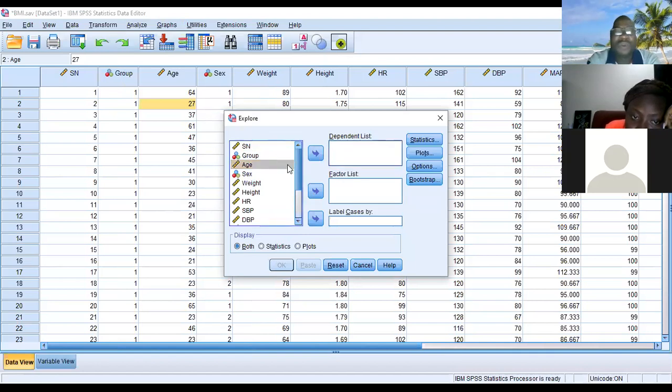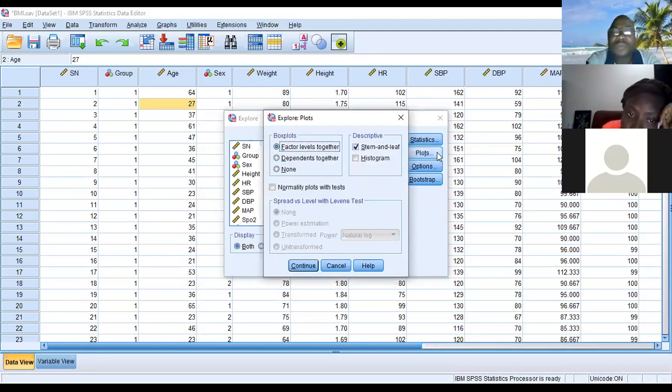I will reduce the volume. You can use it here. Now go to statistics. That one there's no problem. Leave that one. Go to plot. Click on histogram also. You know, by default, stem and leaf is there.